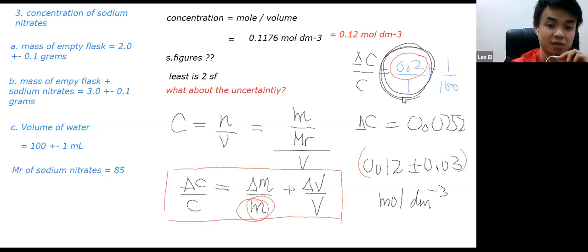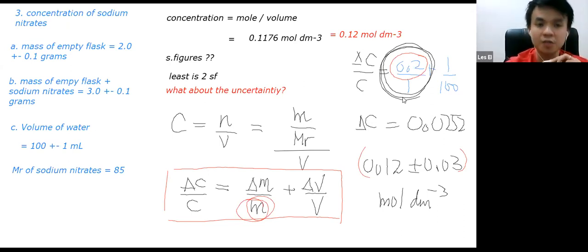If the mass of the solid is greater, your value will be lesser, right? So in other words, I can say you become more certain, because you have a lower uncertainty, right?